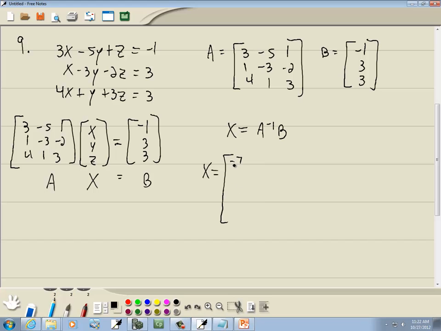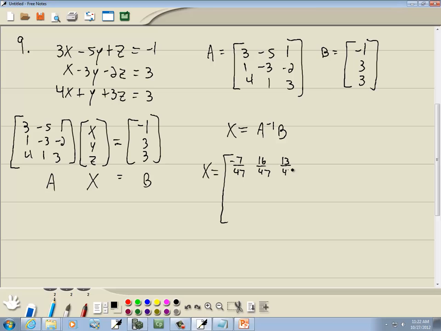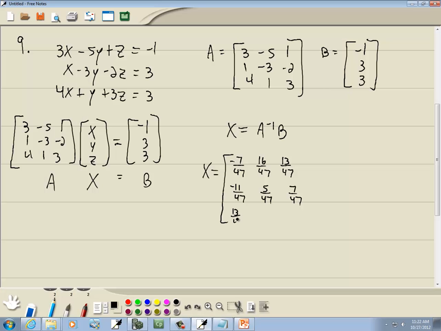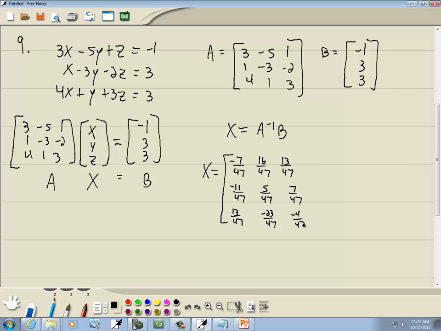So we got -7 over 47, 16 over 47, 13 over 47, -11 over 47, 5 over 47, 7 over 47, 13 over 47, -23 over 47, and -4 over 47. Times B, which would be -1, 3, and 3. And that'll give us our answers.